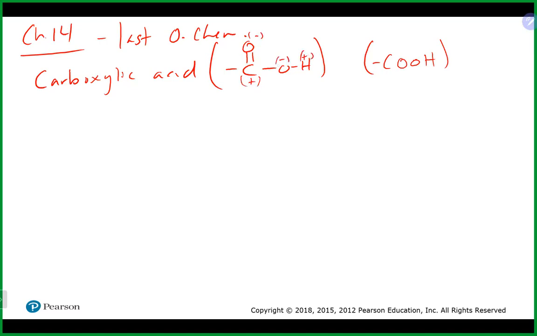We talked about previously, and a number of times, how we actually can make a carboxylic acid. Once again, if we go way, way back, you can start with the hydration of an alkene, which will give you an alcohol.